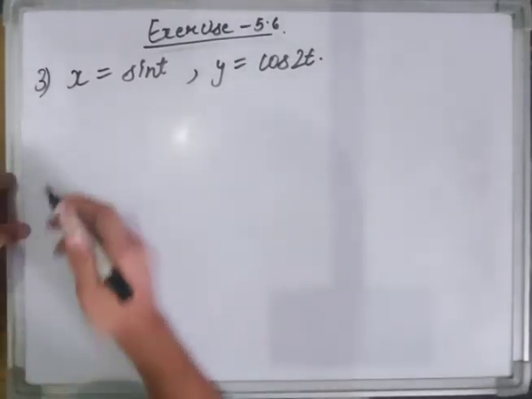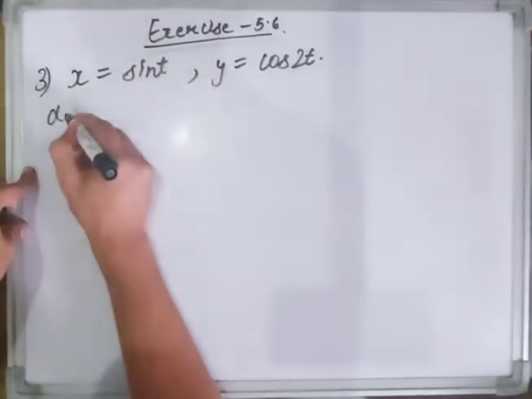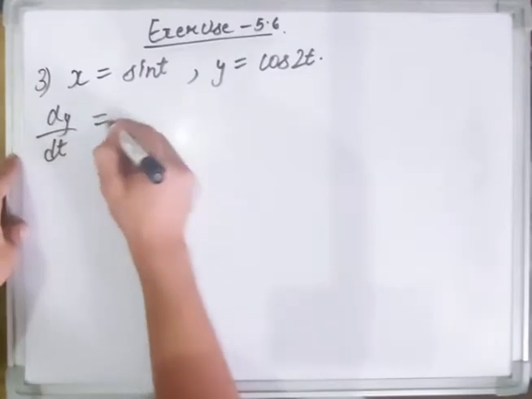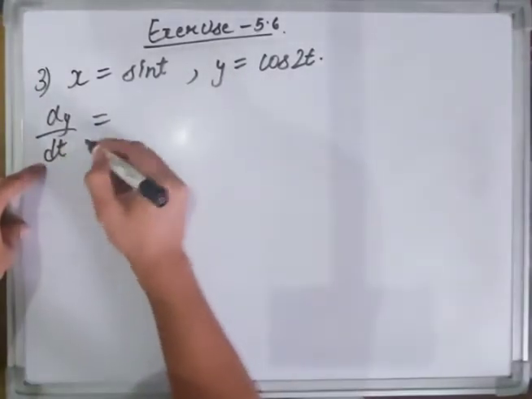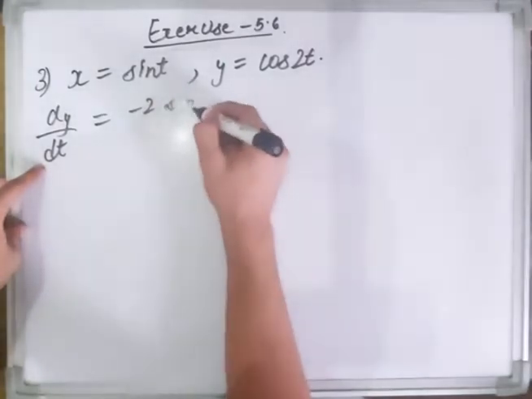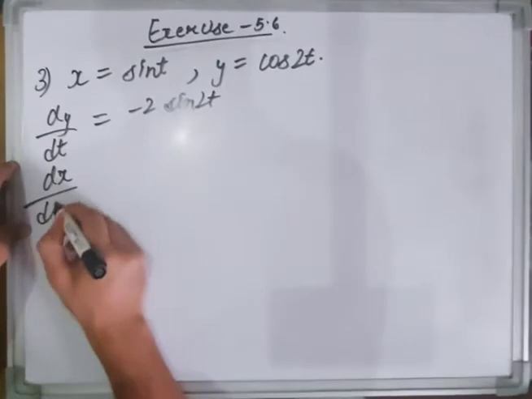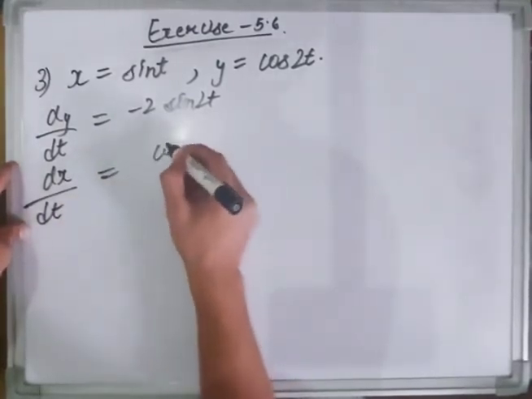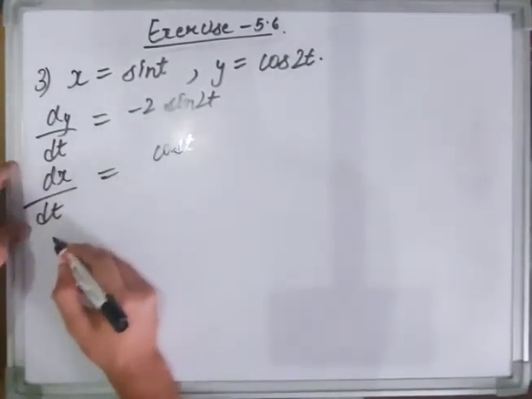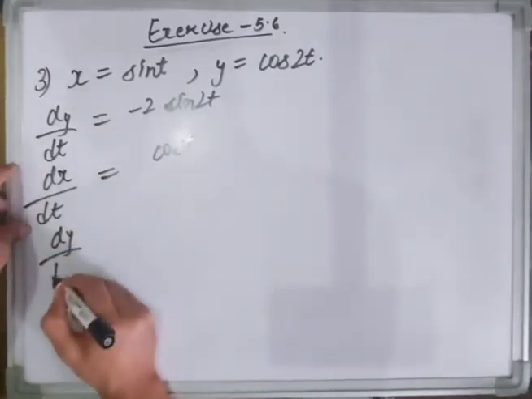Okay, x is equal to sin t and y is equal to cos t. Differentiating y, we have dy upon dt, which gives us minus 2 sin 2t. And dx upon dt, we have cos t.